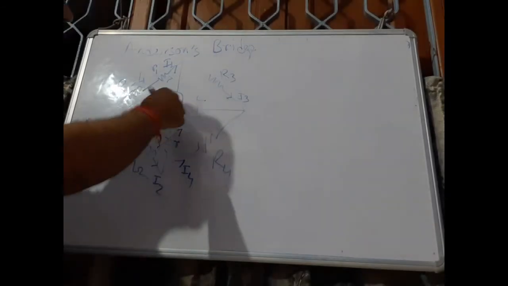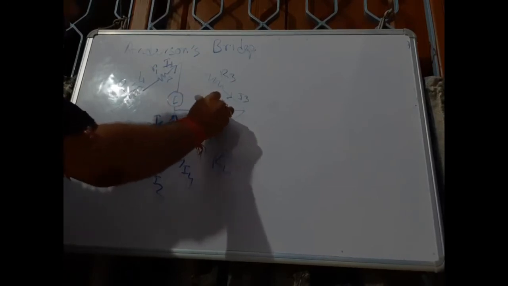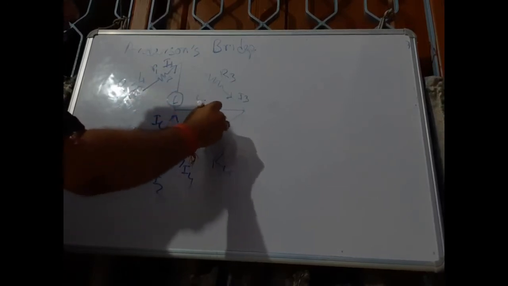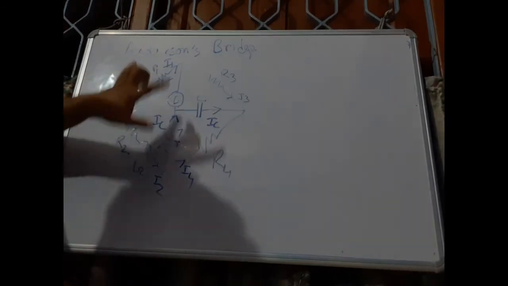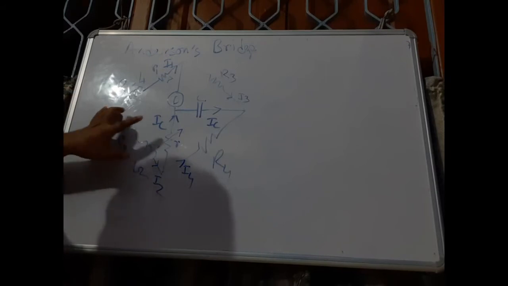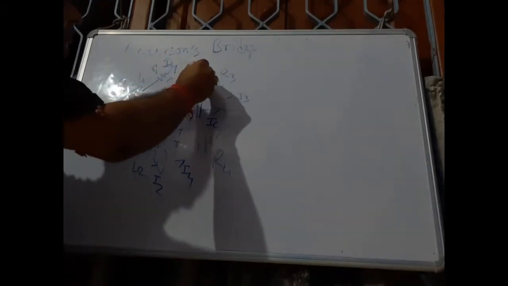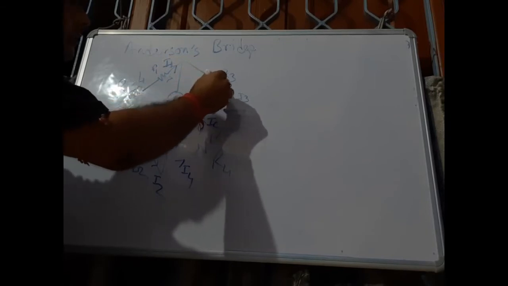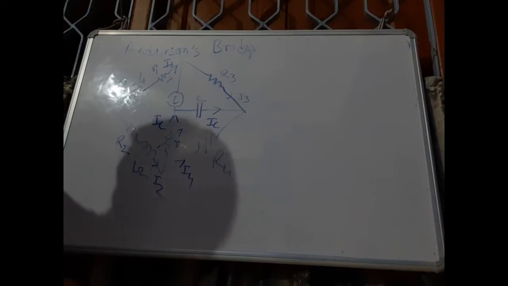Same circuit, this current will flow. This is IC. Now this is the overall configuration. You can see that this is more complex than other bridge configurations. I hope this is clear now.